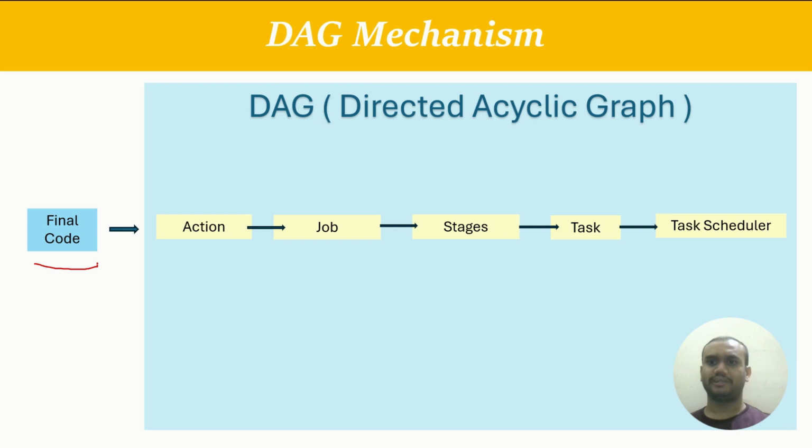Then the task scheduler comes into the picture, and it submits this code or plan to the worker node, whatever workers or executors we have received from the cluster manager. As you have seen in our past slides, Spark Context connects with the cluster manager as well as creates the DAG at the same time.